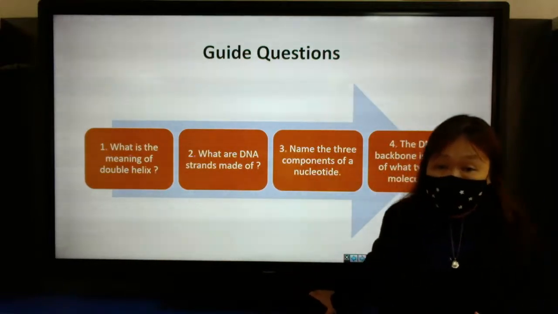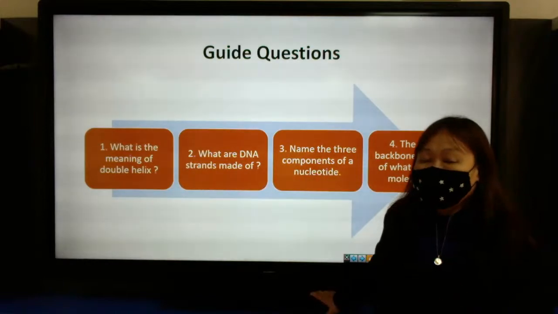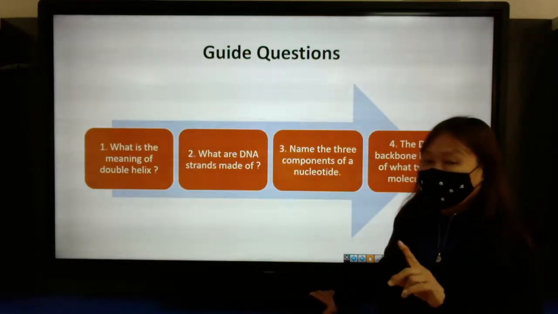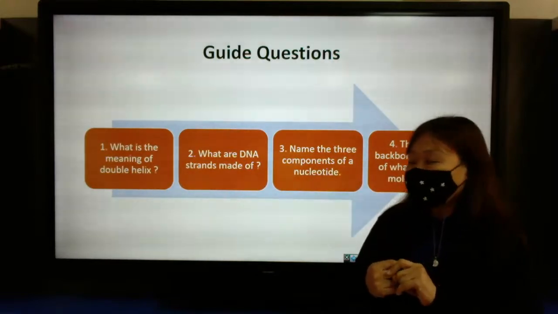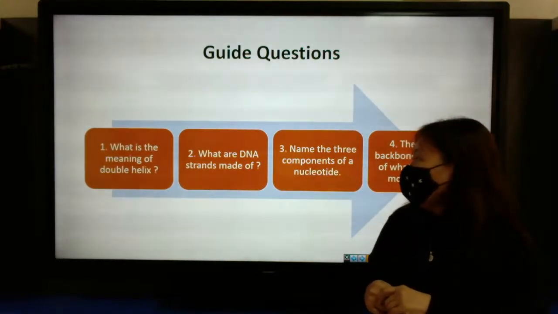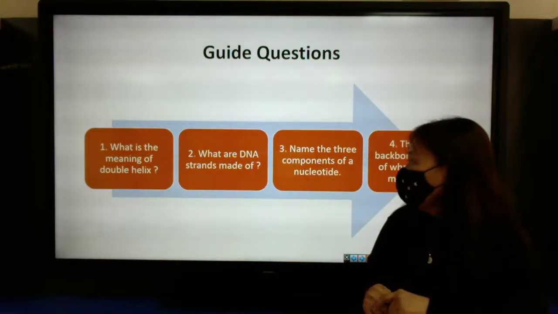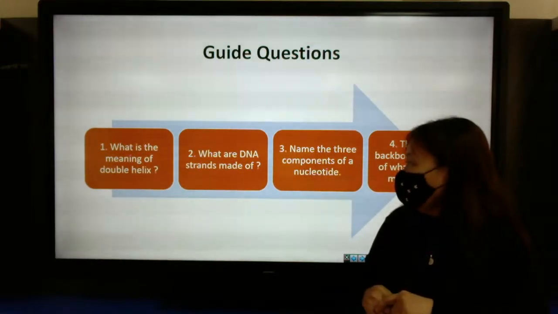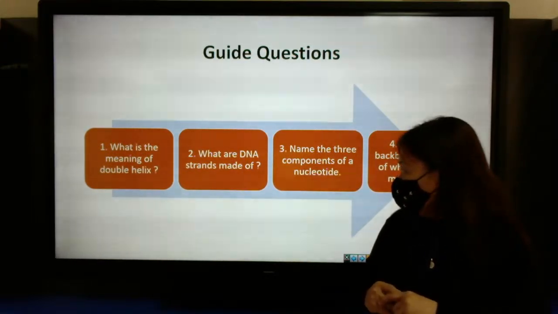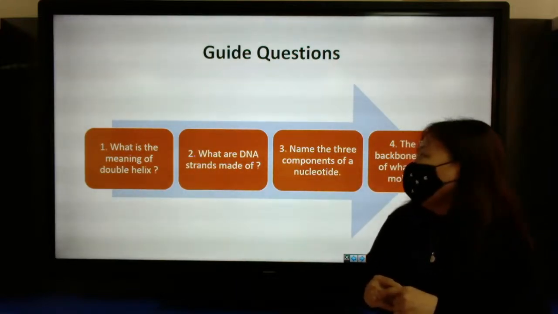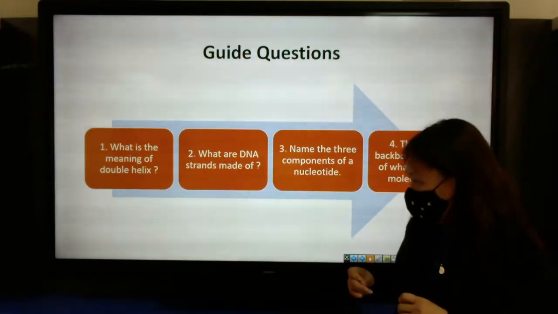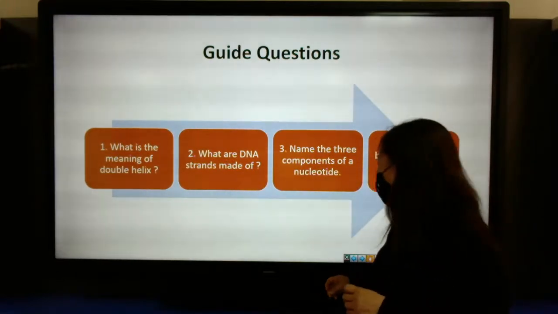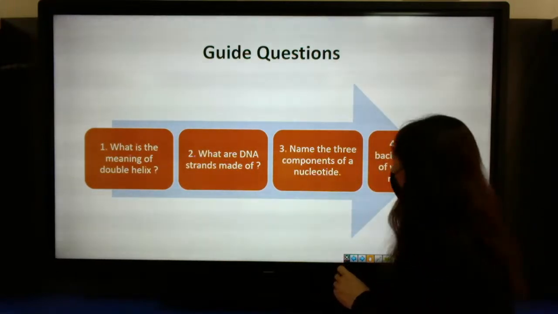Double helix means two strands of DNA that are intertwined. Next, number 2. What are DNA strands made of? DNA strands are made of nucleotides.